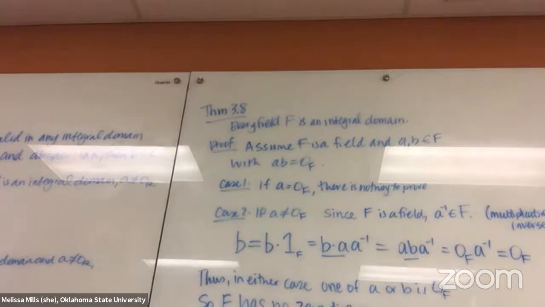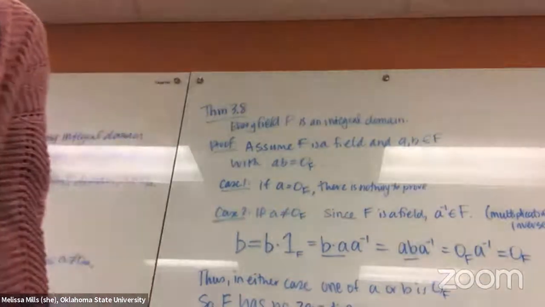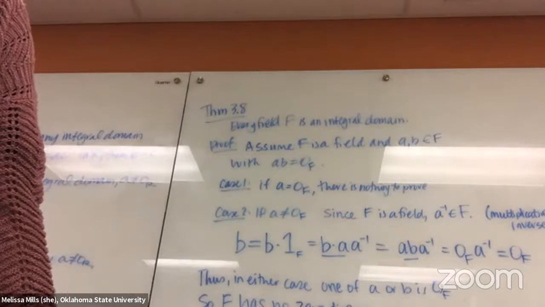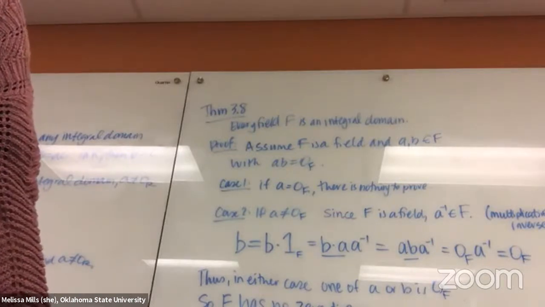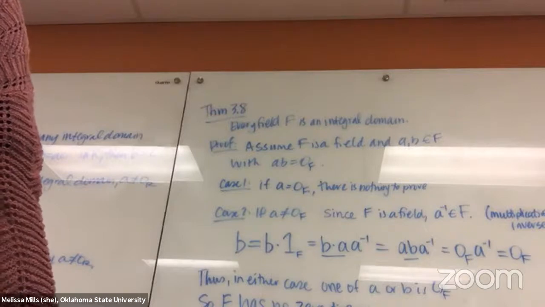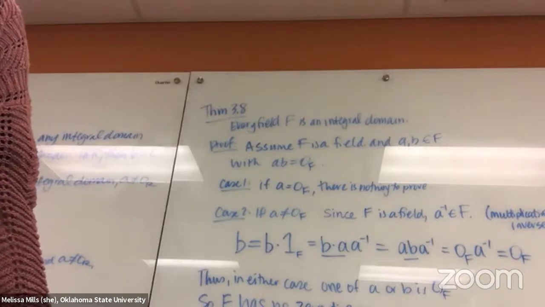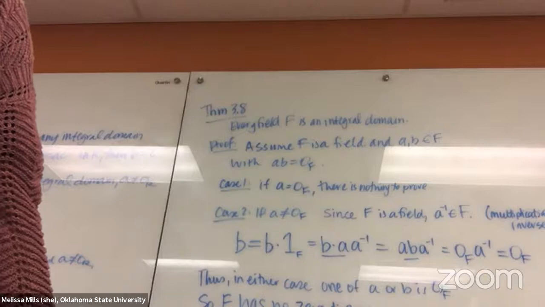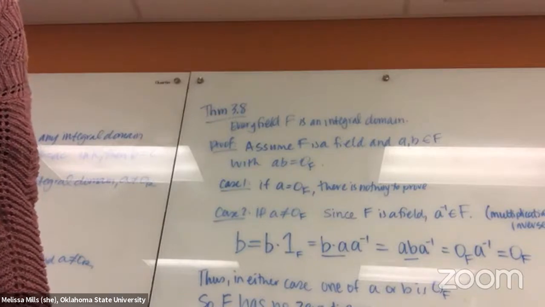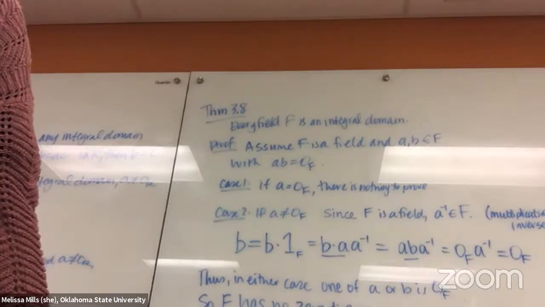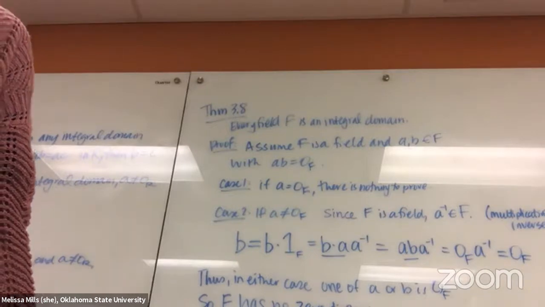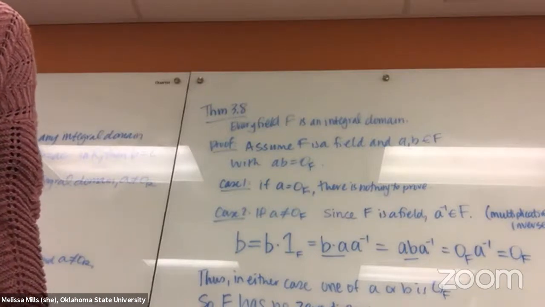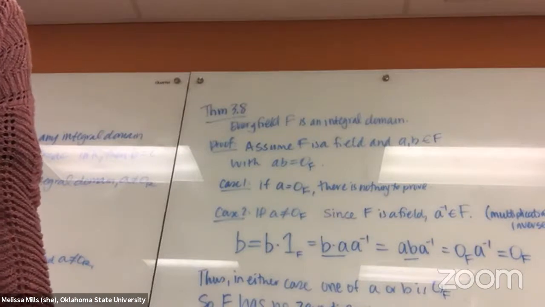I think to be a field, it has to be a commutative ring with identity to start out with. Let's see here, where's the definition of field? Oh, it's back in 3.1. A field is a commutative ring with identity that satisfies that axiom. Yeah. So we have commutativity for a field.